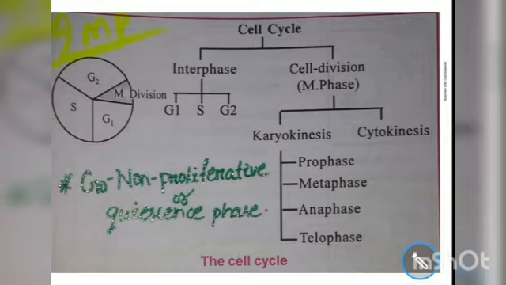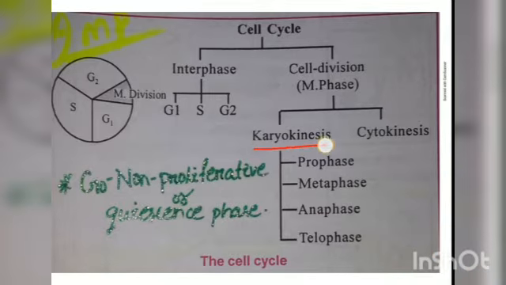Then cell division is again of two types. One is karyokinesis. That means during that phase, the nucleic acid content, especially the chromosomes, doubles and divides. It again has four main stages: prophase, metaphase, anaphase, and the final stage, telophase.